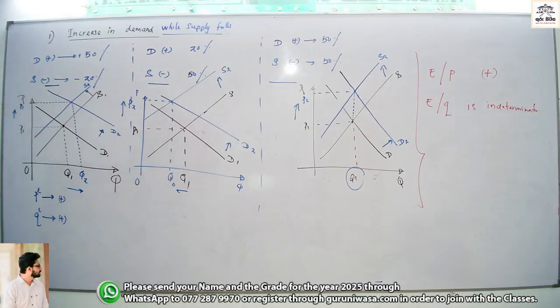Okay, third category. What is the third one? Decrease in demand while supply increases. You can draw it.